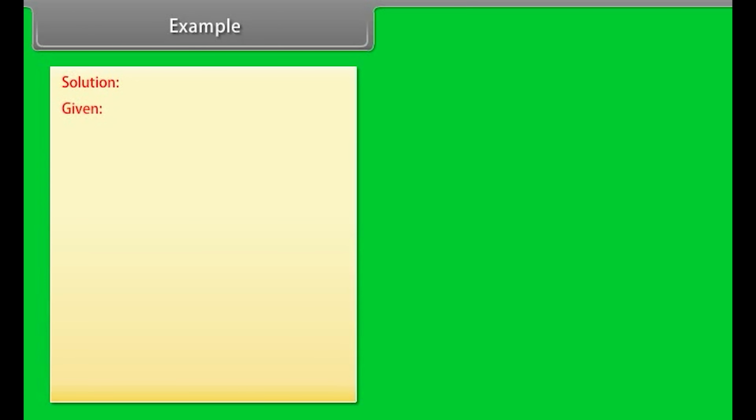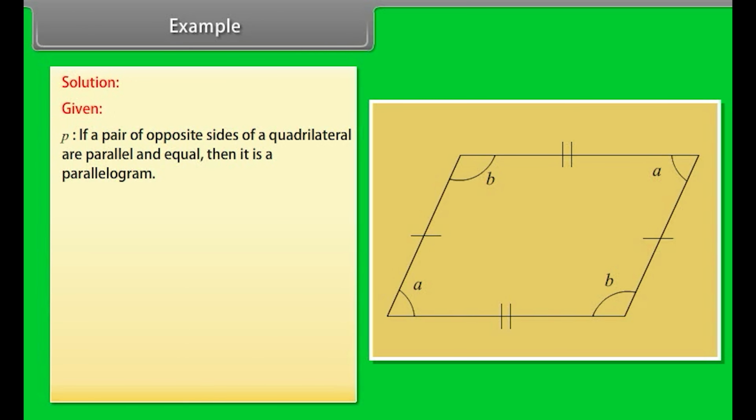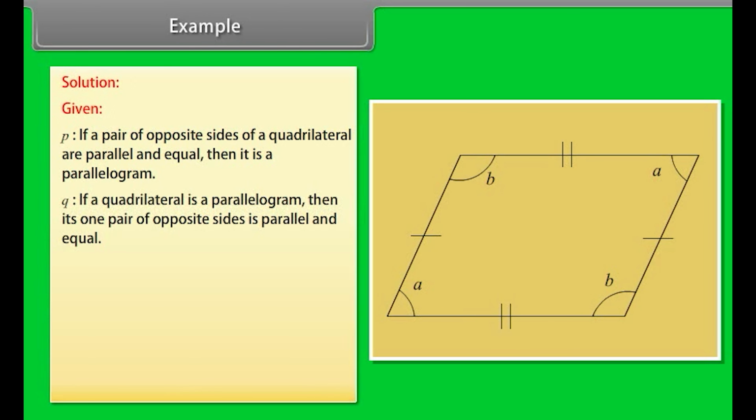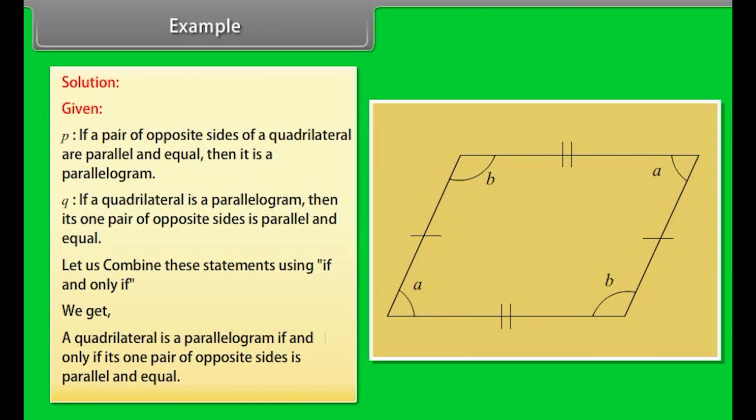Solution. Let us combine these statements using if and only if. We get, a quadrilateral is a parallelogram if and only if its one pair of opposite sides is parallel and equal.